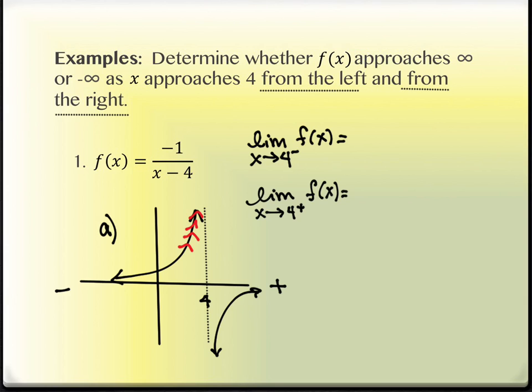Moving from the left toward the x value of 4, you're moving upward. And the question is, from the directions, does that approach positive or negative infinity? Positive infinity, right? It's the top part of the graph. In a very real sense, we've got the positive and the negative on here for the y-axis, just like we had for the x-axis. This approaches positive infinity.